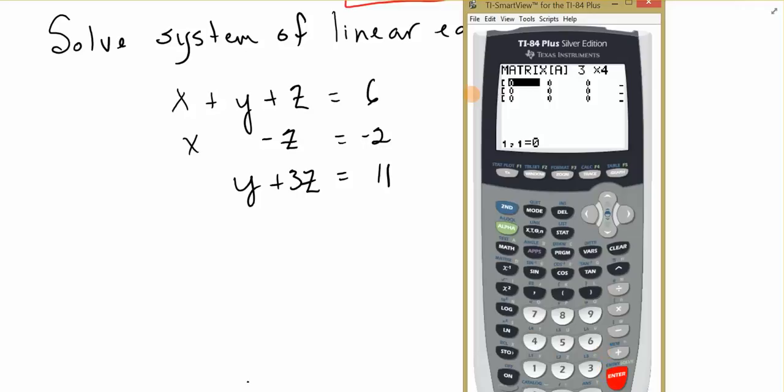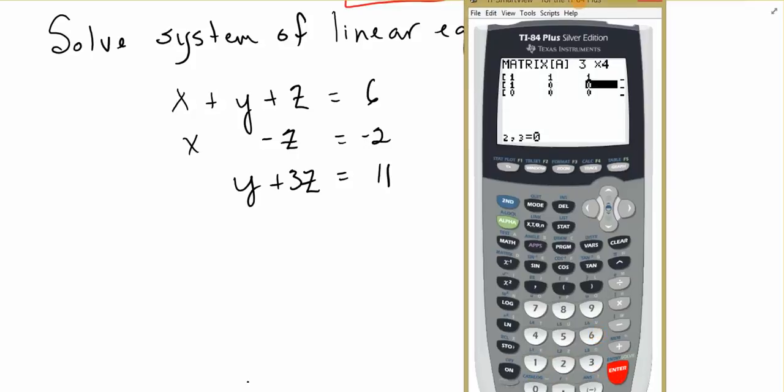So in my first row, what would I have? 1, 1, 1, 6. And it should pop you to the next row. Now, we don't have a y, so we're going to have 1, 0, negative 1, negative 2.